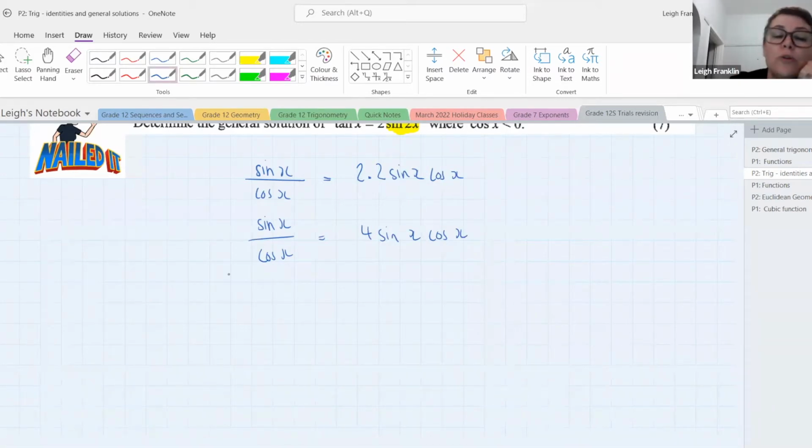So we've got a fraction on the one side. How should we approach this now? What are your ideas? Remember, it's an equation. You're doing a general solution, so you're allowed to do the same thing to both sides.